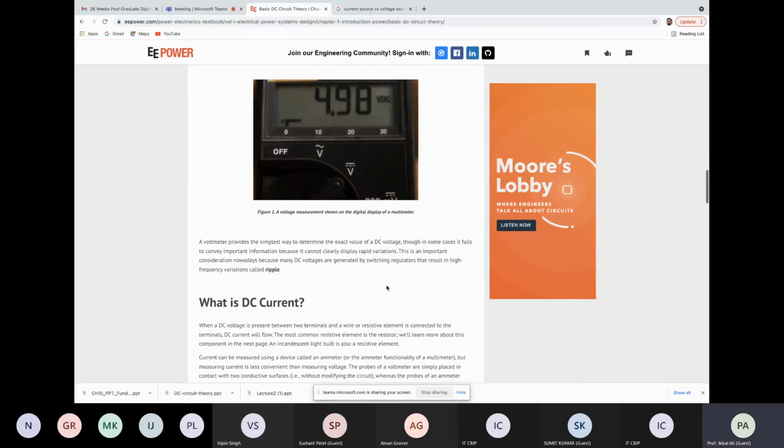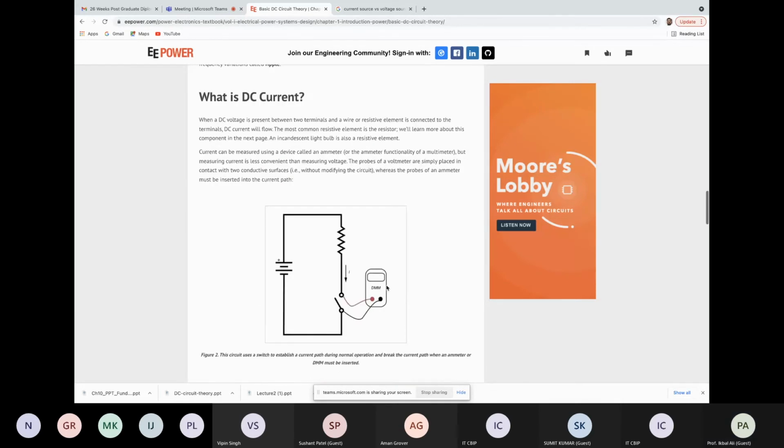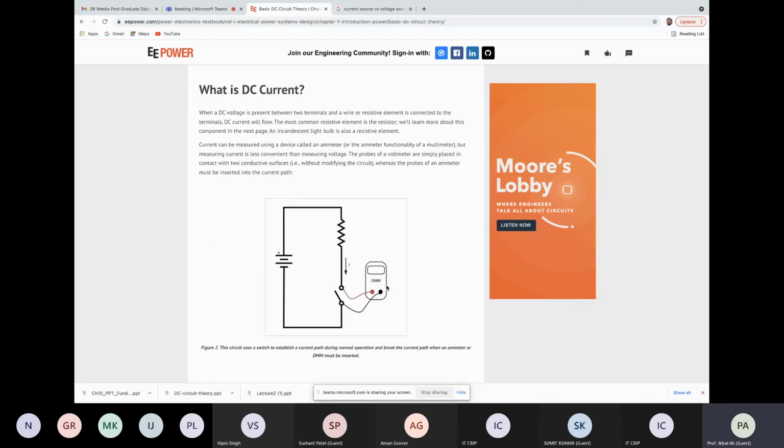So DC voltage, then DC current. This is how you can understand a DC current flow. If you connect a voltage source in some circuit, the simplest circuit may be a single resistance connected across this voltage source, and current will start flowing.